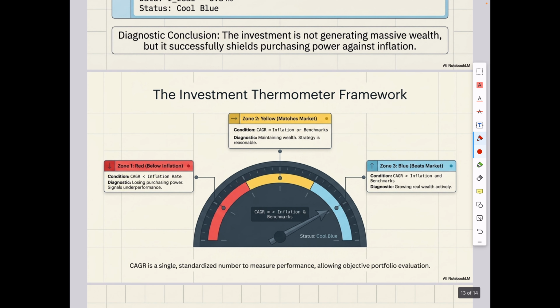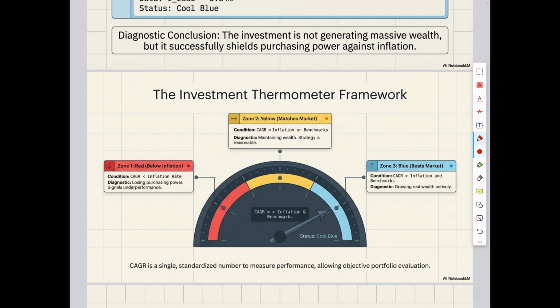You can see, if the particular investment that I buy has a CAGR less than the inflation rate, I will treat that as a not so good investment. Yes, my money is growing, but I don't preserve my purchasing power.